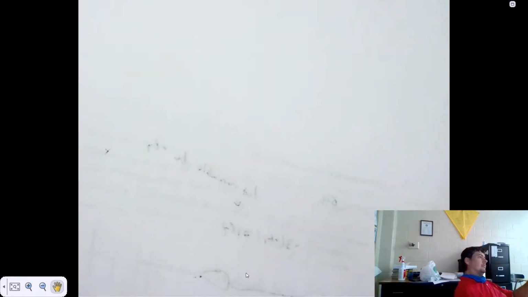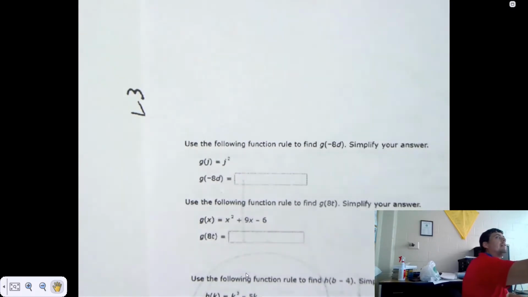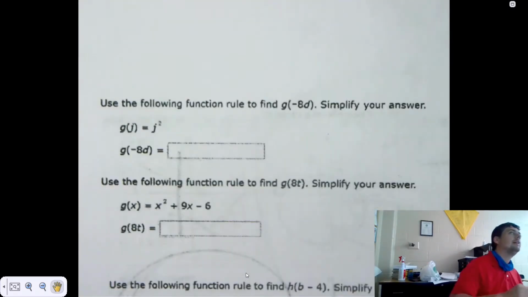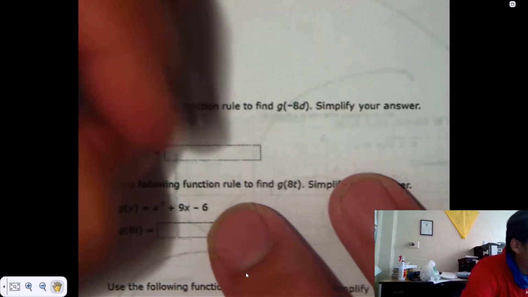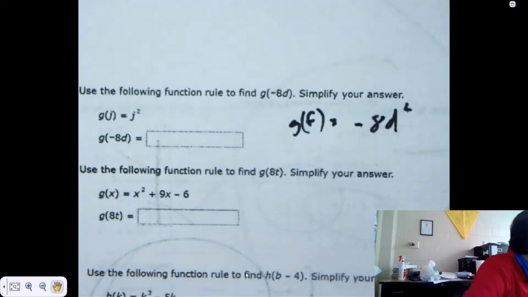They'll start introducing exponents in the 90s. This is g of -8d. And you're supposed to replace f in this case with negative 8d. Now, there will be at least one kid in here that does this. G of f is negative 8d squared. What did that kid do wrong? They forgot parentheses. They didn't actually do the replacement either.